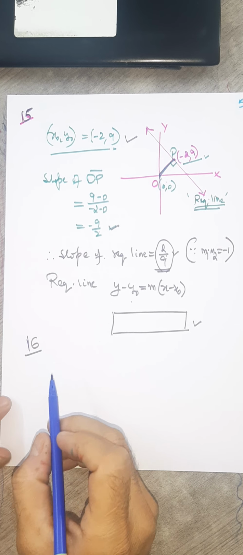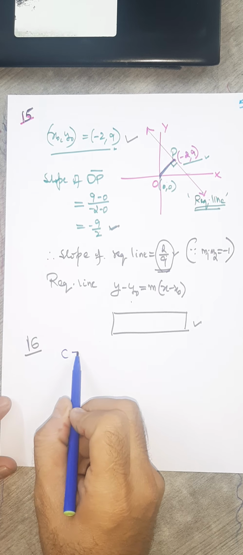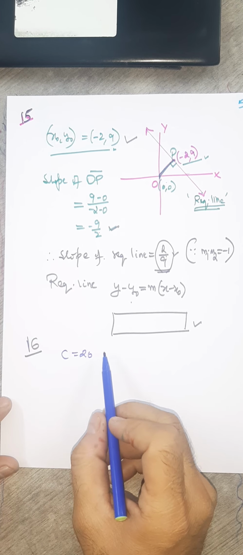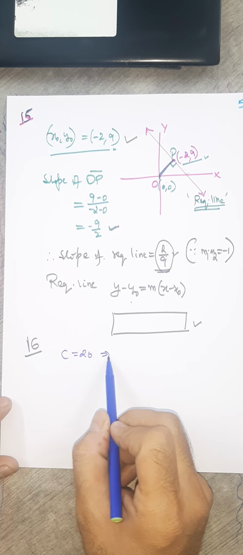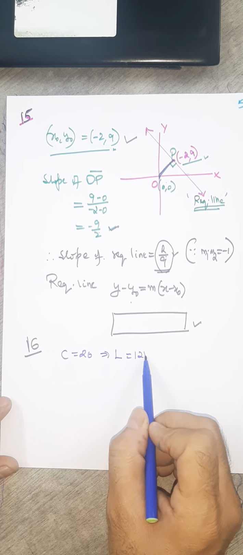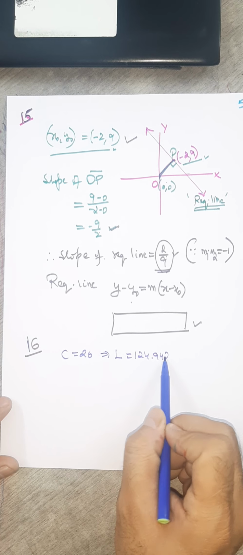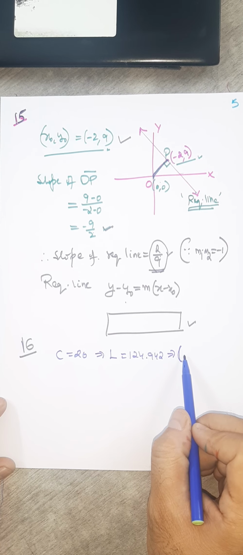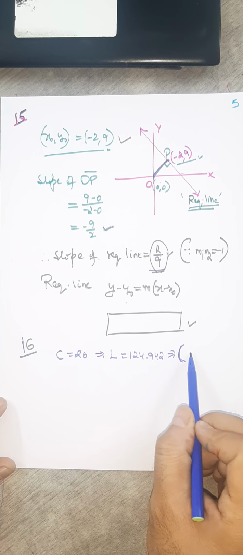So in question number 16, you are given this. When C is 20, that is a Celsius temperature, the length of something is given as 124.942. So this is like one coordinate, you can write here like x comma y.